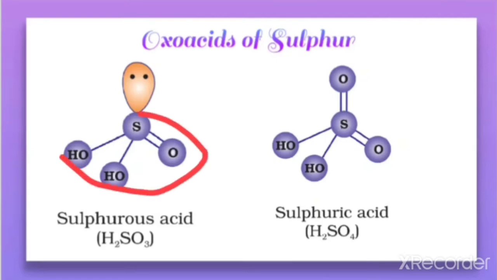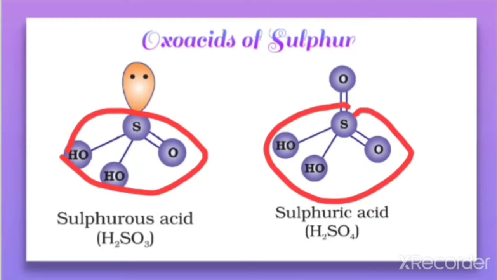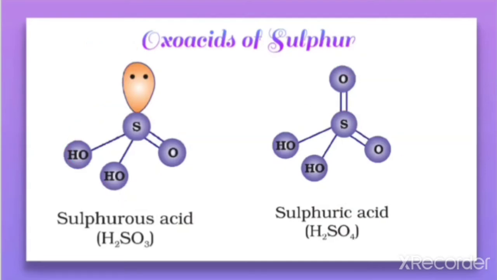This much part is common to both structures, but in the place of the lone pair, it is a double bonded O. This is the method I am telling you to learn the structure very easily. So in sulfuric acid there are two double bonded O and two OH, but in sulfurous acid there are two OH and one double bonded O, with one lone pair.